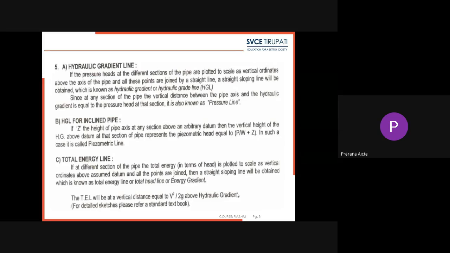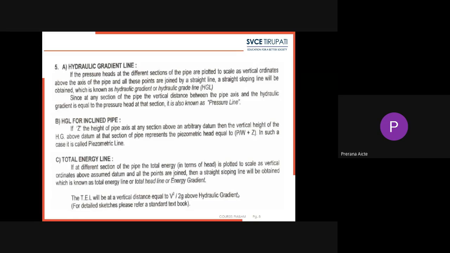In such case, it is called the piezometric line. In case of inclined pipes, usually the velocity head is considered as 0. Hence only the pressure head and the datum head are used for the inclined pipe. Hence the piezometric line is taken to calculate the piezometric head, that is P/(ρg) + Z.